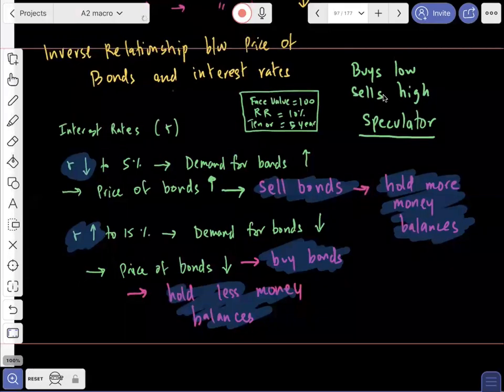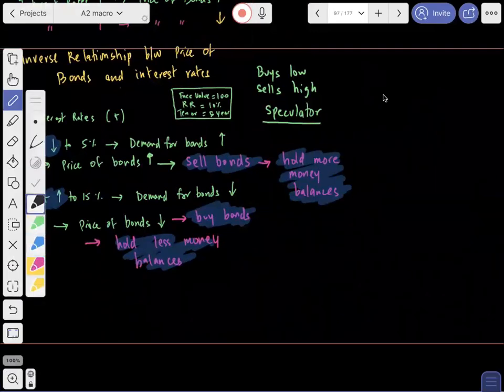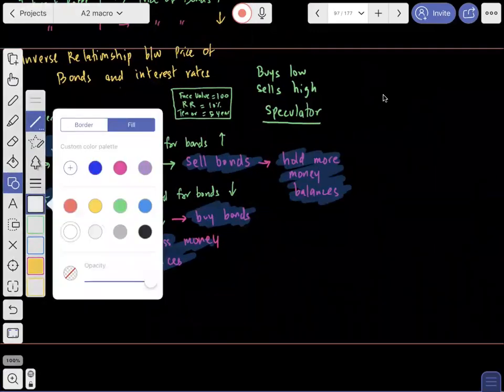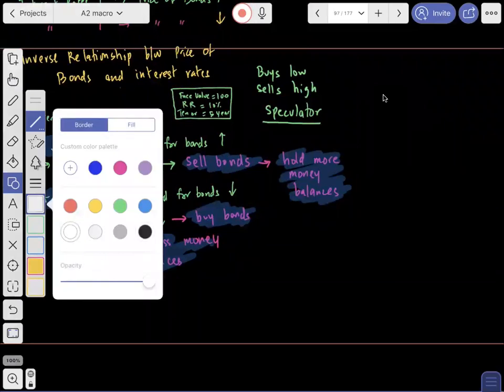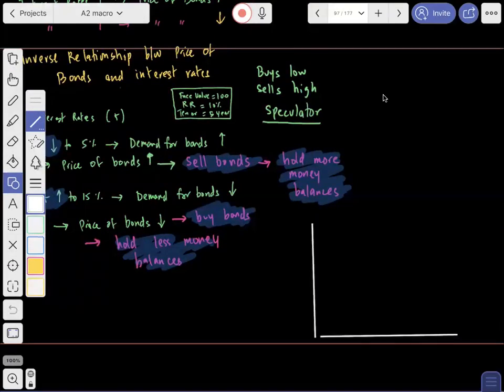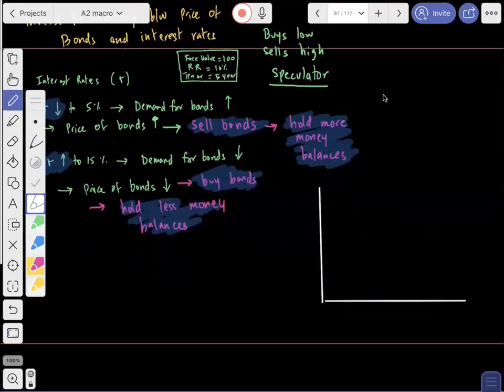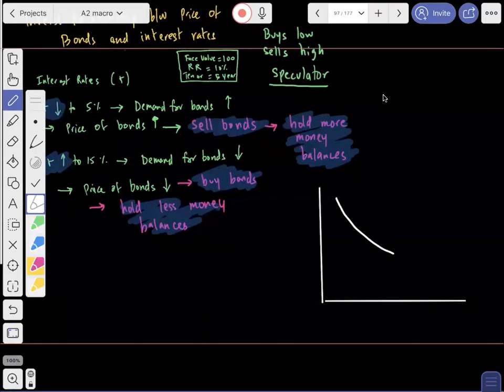So in other words, the way the diagram looks like is that when you remember the speculative demand for money, we came up with this idea that the speculative demand for money looks like this. We said this, when the interest rates are high, you are holding less money balances.